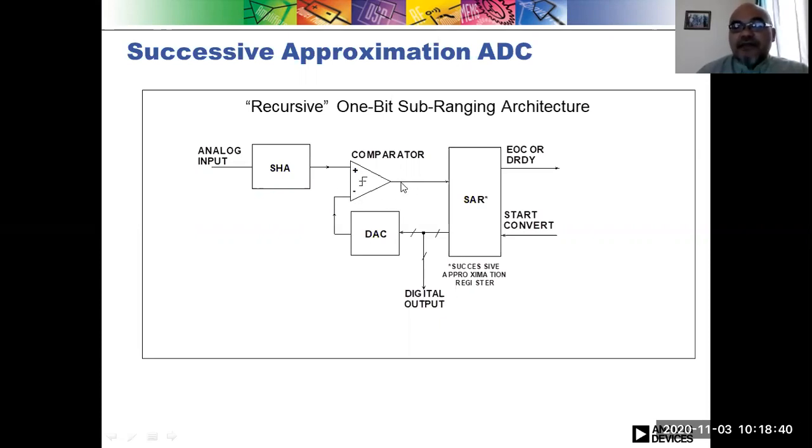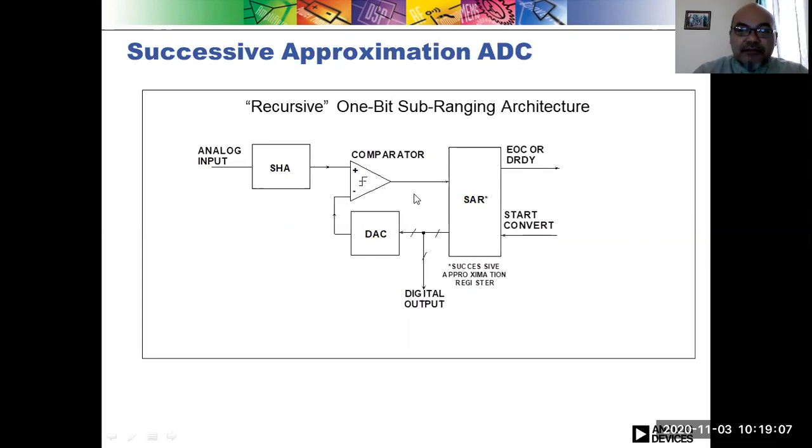If, for example, the analog input value is larger than the approximated analog value from the DAC here, then it will know that it should add more value to the digital bit. It goes like that in repetition until the value is close enough.